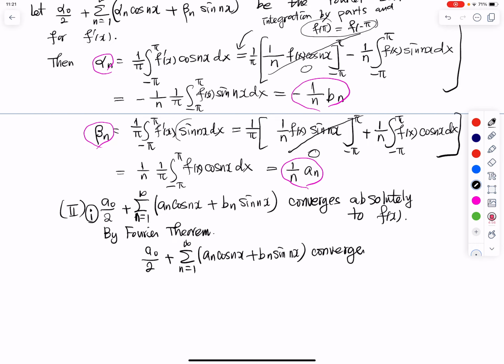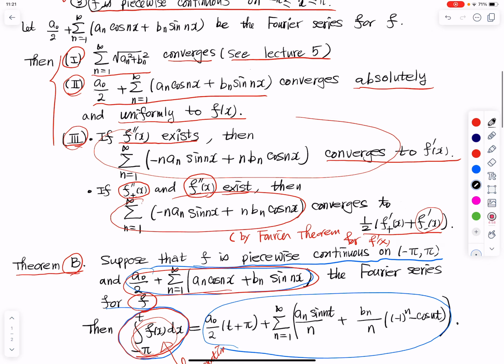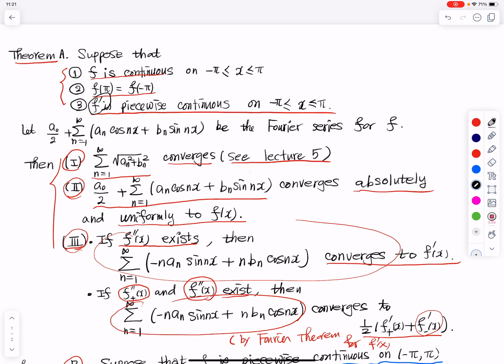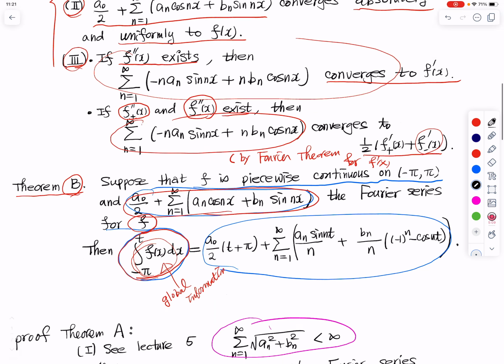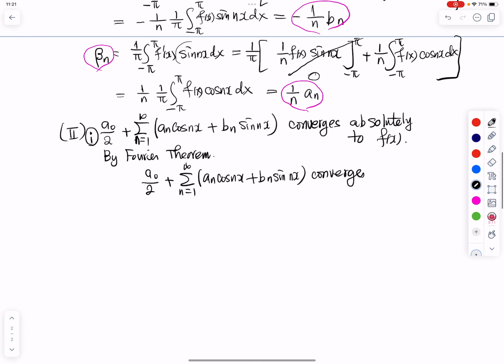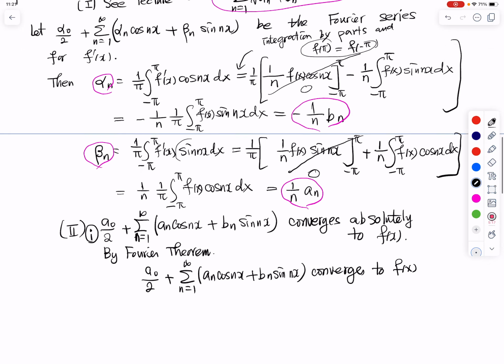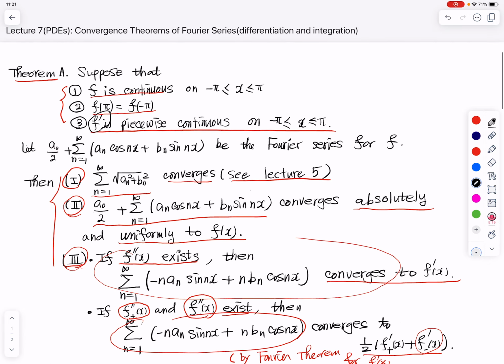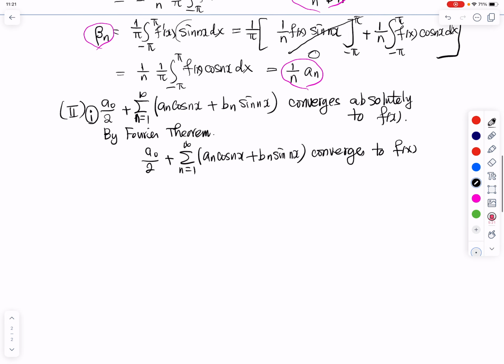Is it convergent? Let me check. f prime is piecewise continuous. That implies for each point the right derivative and left derivative exist. So this guy converges to f of x. Because f is a continuous function.